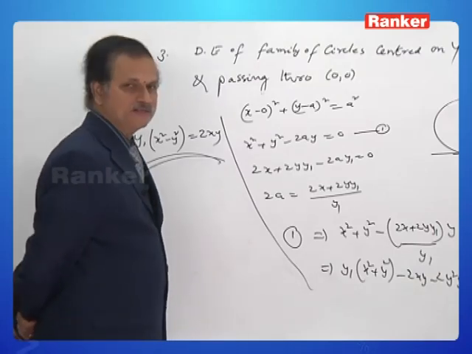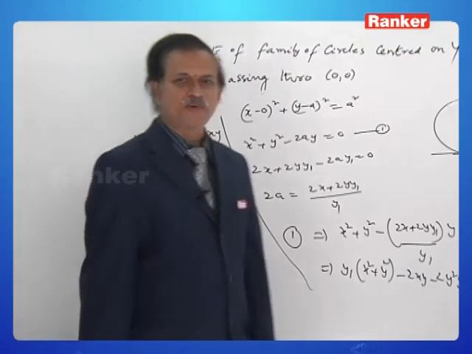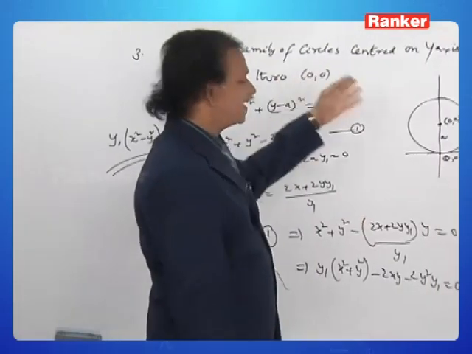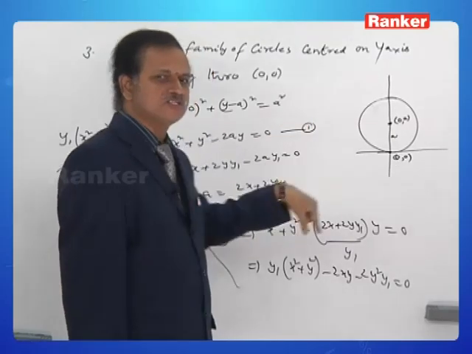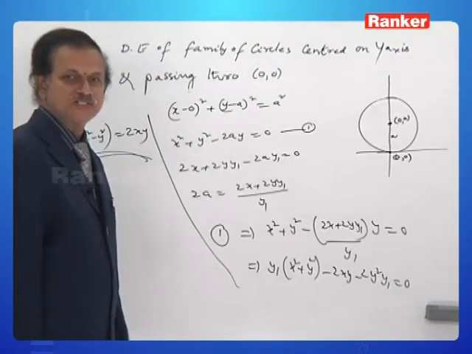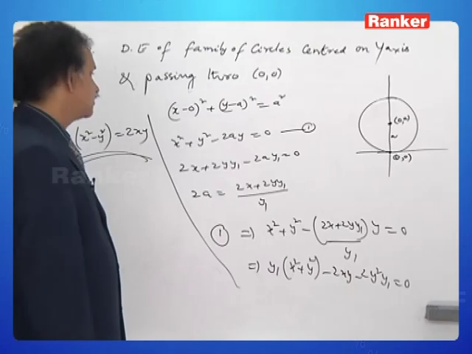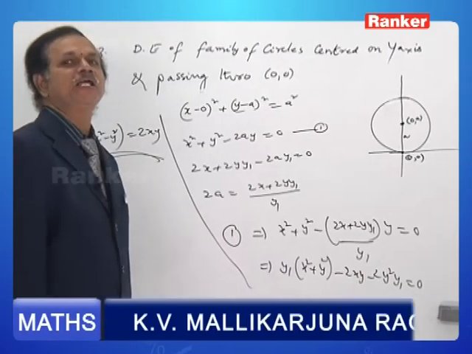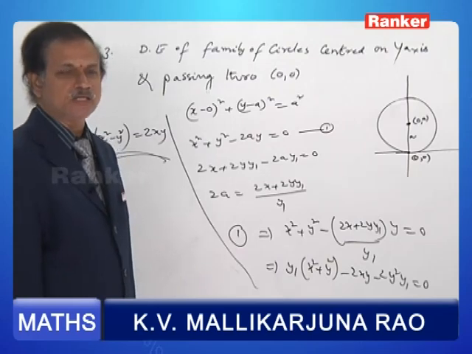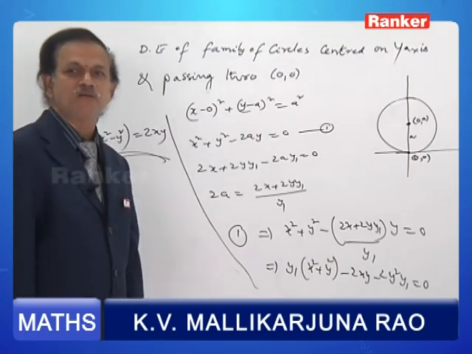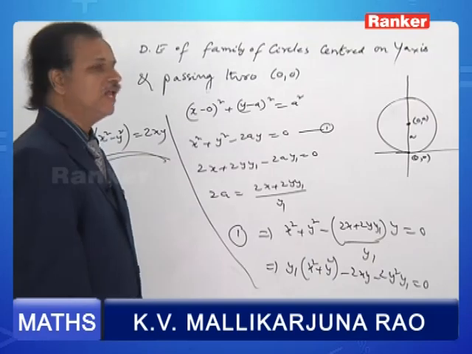Look at that, my dear. In the previous problem, the circles were centered on x-axis. You observe that differential equation and this differential equation. There are a lot of differences there, you know. Depending on the nature of the equation of the given family, the differential equation will also change like this.